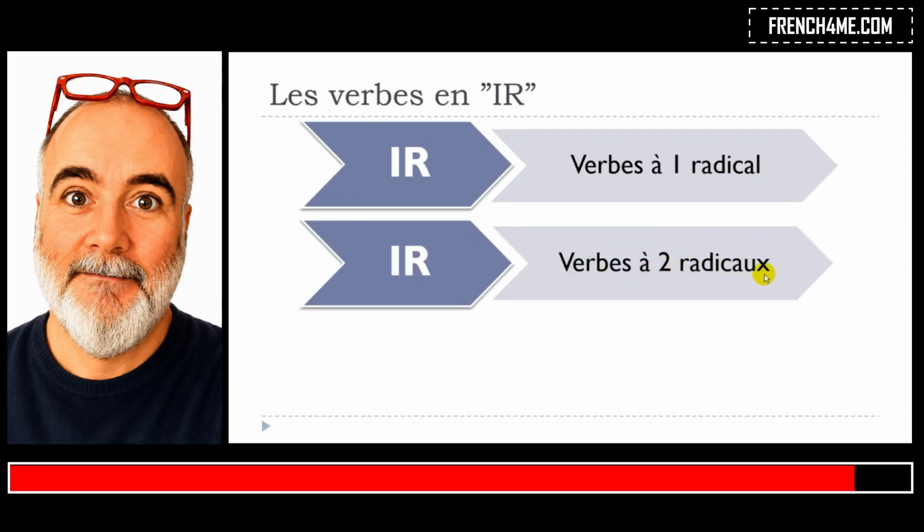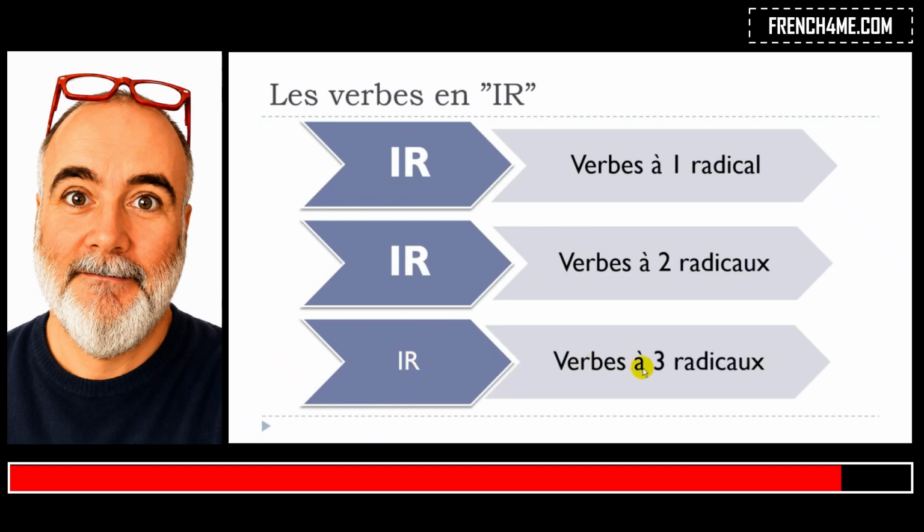So now it's getting a bit difficult because it will mean that these verbs will have actually two stems or roots, if you want. So we'll see that. Don't worry. And then this third group, oh, it's a strange one here. But then actually we're talking about les verbes à trois radicaux. So in that case, we will see that, well, they are the most tricky one. But then don't worry, we'll manage to understand how it works.